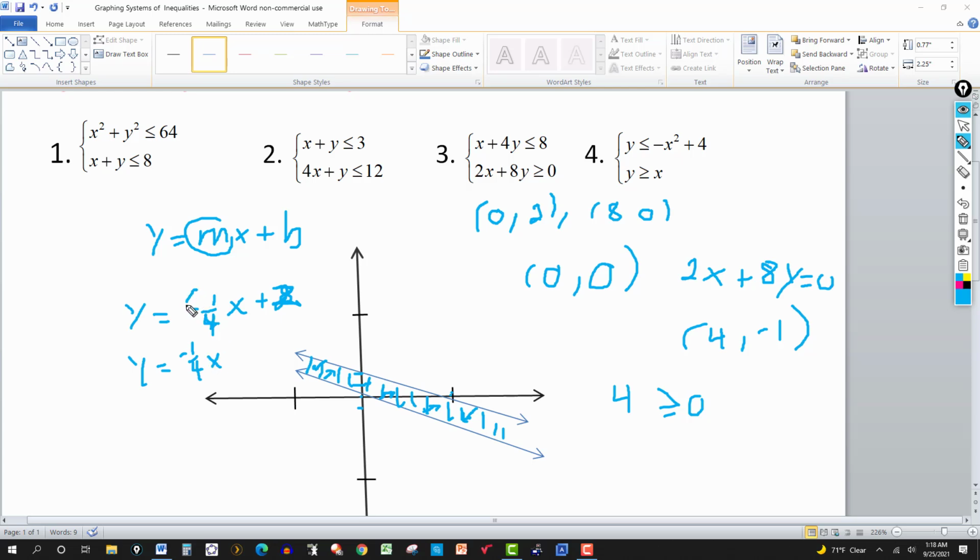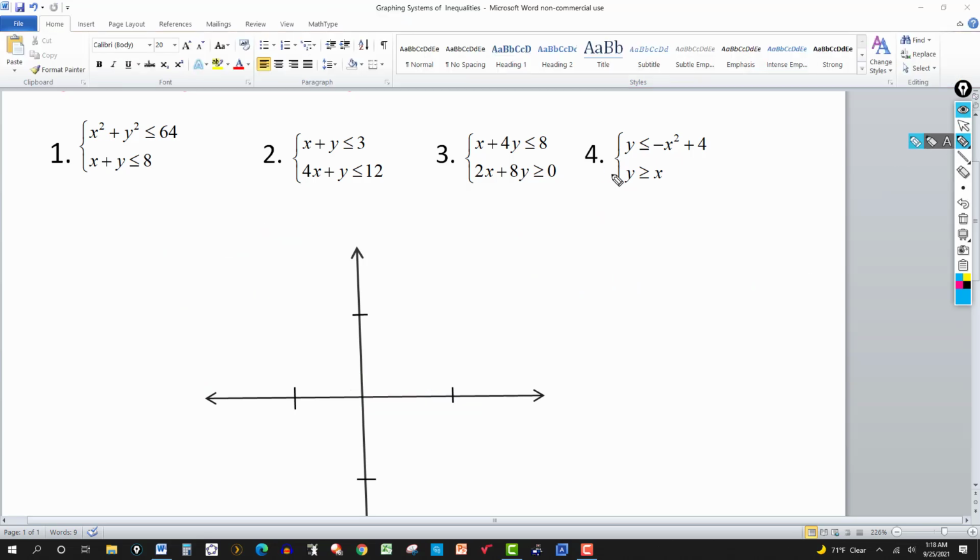And of course the main thing we're concerned about is the slope. They both have the same slope, so that justifies that the lines are parallel. Either way, I shade the region below, between the two lines to get the solution set for the system.